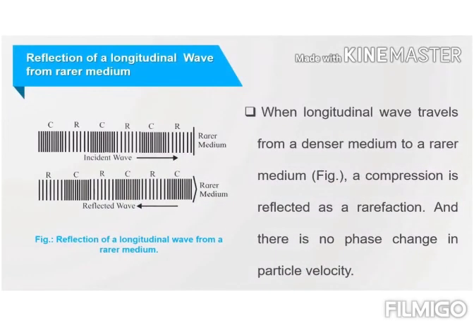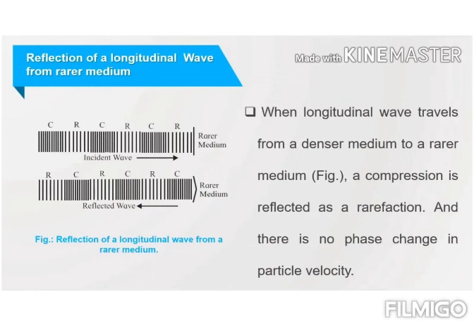Now, let us discuss the reflection of a longitudinal wave from a denser medium to a rarer medium. When compression reaches a rarer medium from the denser medium, it pushes the particles of the rarer medium.